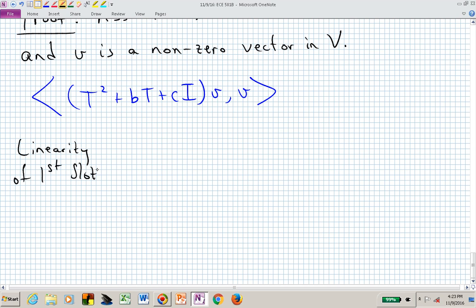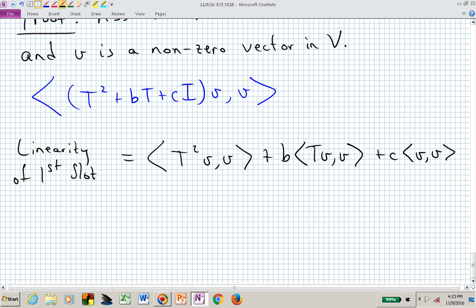Linearity of the first slot allows us to rewrite this single inner product as a sum of three inner products. We can now say that we have the inner product of t squared V with V, plus B, factoring out the scalar from the first slot, which we can do, TV with V, plus C times the inner product of V with itself.